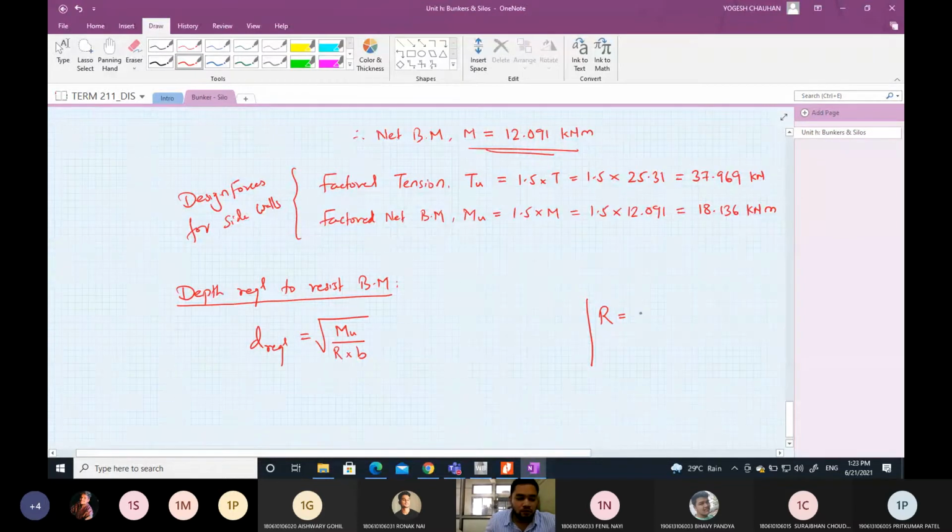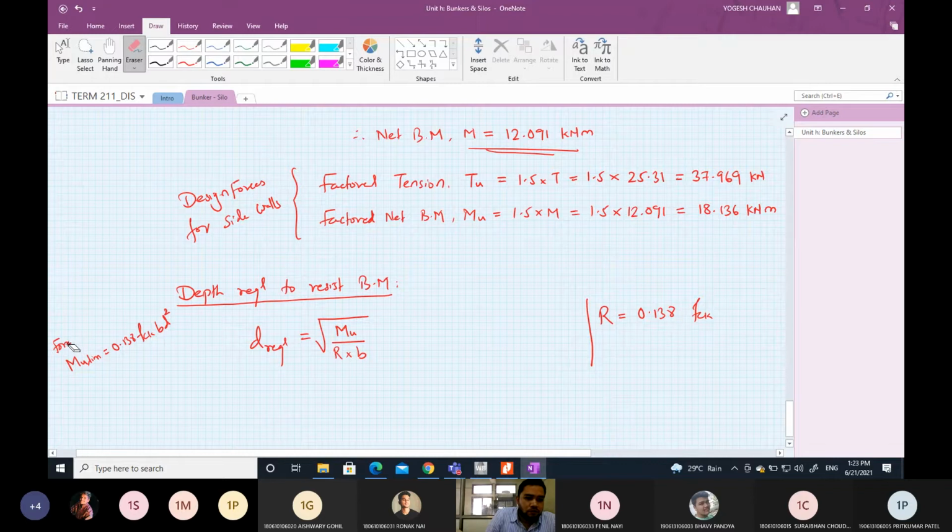In this case it is 0.138 fck, or simply from the formula Mu limit is equal to 0.138 fck b d square. This is for Fe 415 grade of steel.